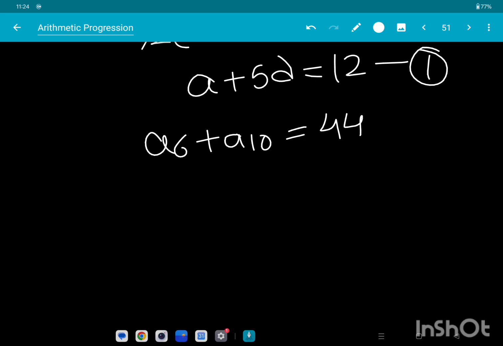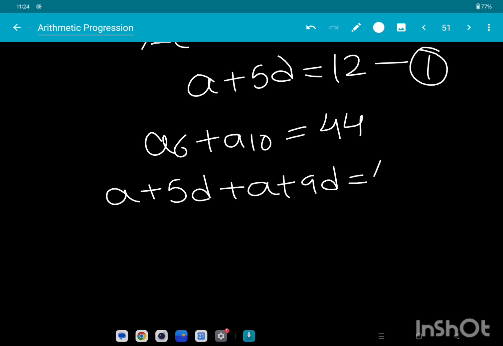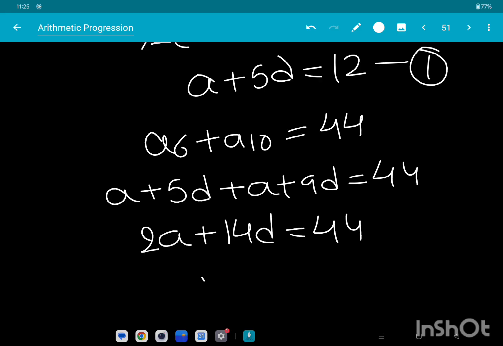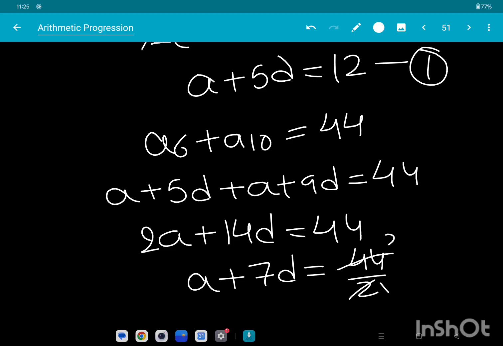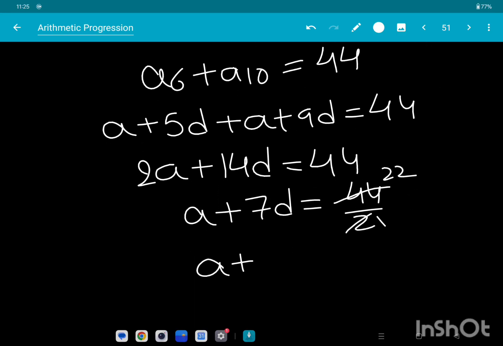So A plus 5D plus A plus 9D is equal to 44. 2A plus 14D is equal to 44. Taking 2 common, A plus 7D is equal to 44 divided by 2, so A plus 7D is equal to 22. Let's say it is equation 2.